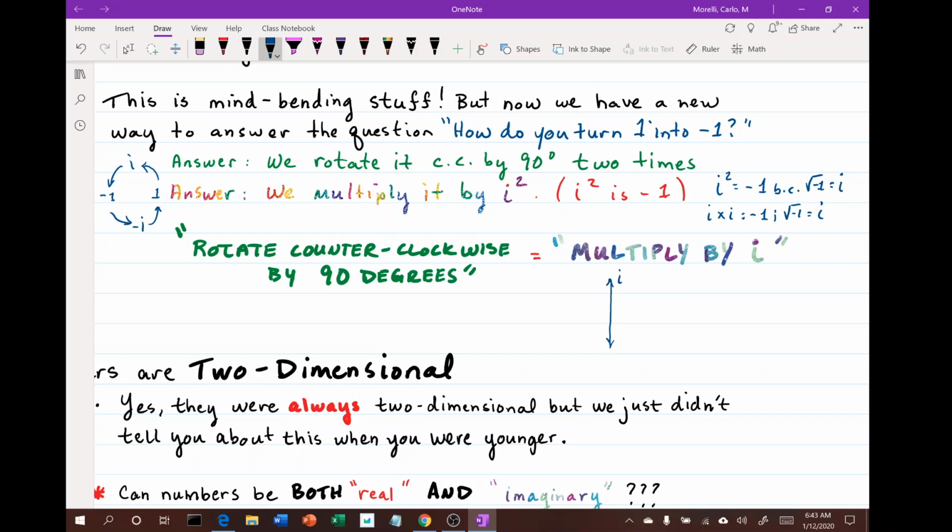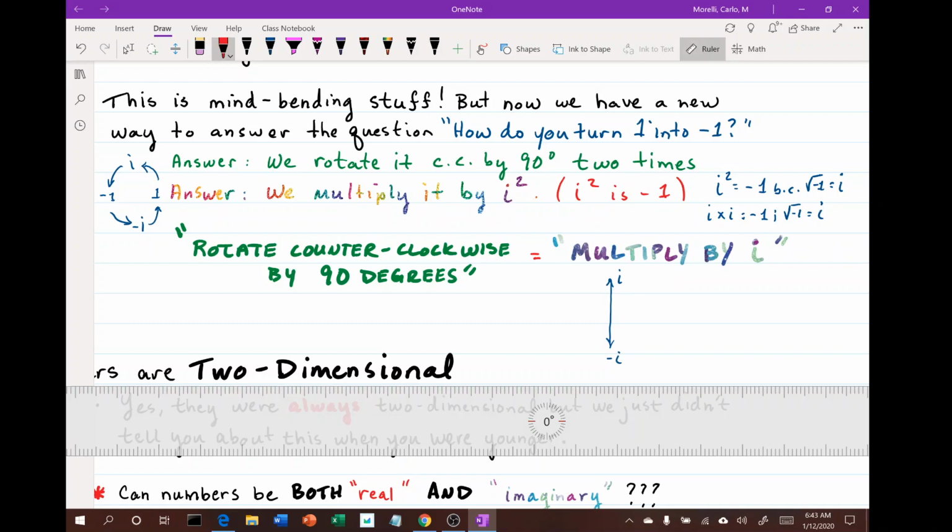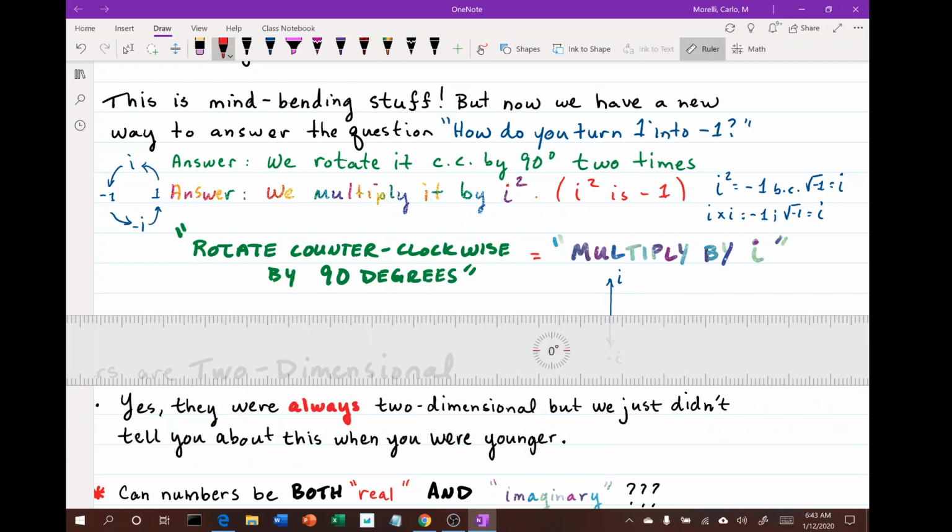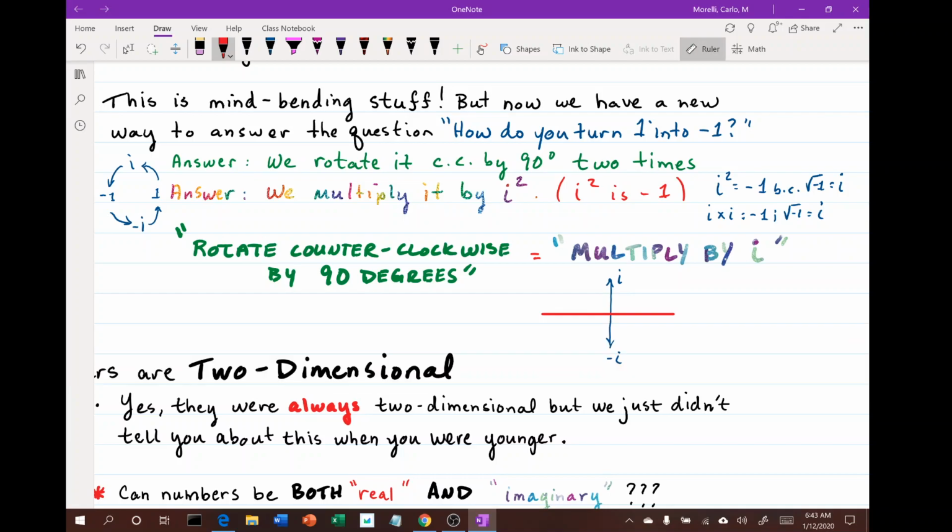Here was i and here was -i, and it was crossed by the real number plane right here. So this was the real number plane with 1 and -1. So you rotate your way in this new way of looking at the world. And the way that you rotate is by multiplying by i.